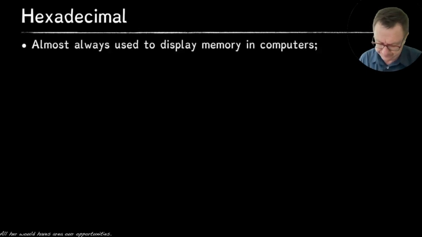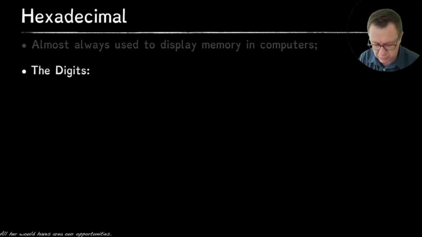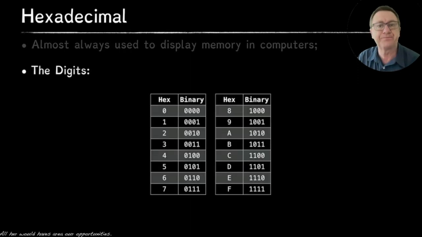Let's have a bit more of a conversation about this. So hexadecimal is almost always used to display memory within computers. We've got our digits, we've got hex, hexadecimal. So hexadecimal and binary work together very closely.